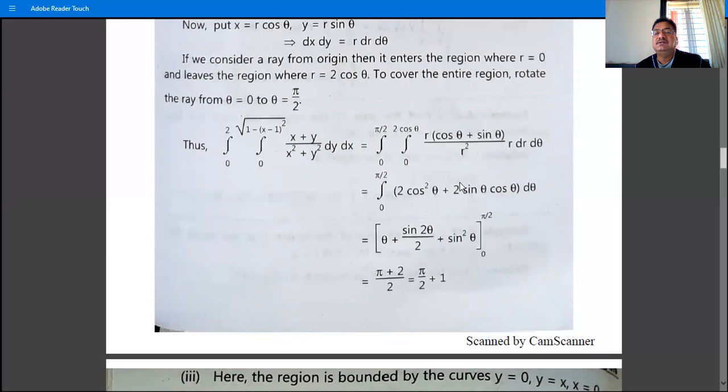This 0 to 2 cos theta is the limit on r, so integrate with respect to r first.